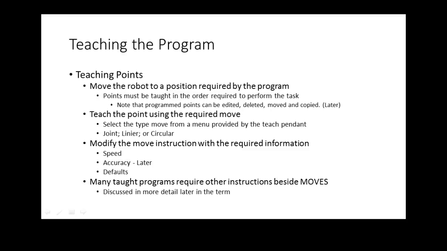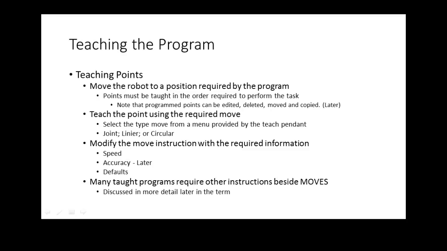So for our uncontrolled path moves, we're going to specify a percentage of speed. It's actually a percentage of a percentage. So I think y'all probably noticed you have the ability to set a speed on the teach pendant, and then you specify a percentage of that speed. So your instruction specifies a percentage of a percentage.